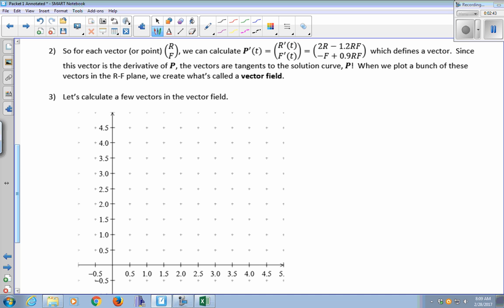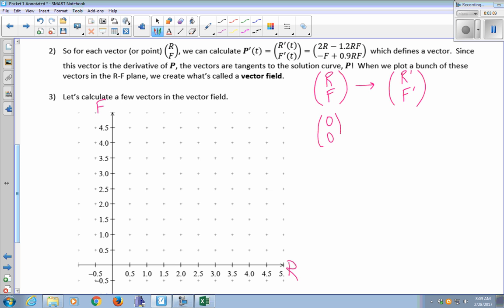So I've got some RFs, and I want to calculate the vector that lives at that RF, r prime, f prime. So we have the RF plane here. And at every point in the RF plane, I could draw a vector r prime, f prime. So pick a random RF, like let's pick 0, 0.